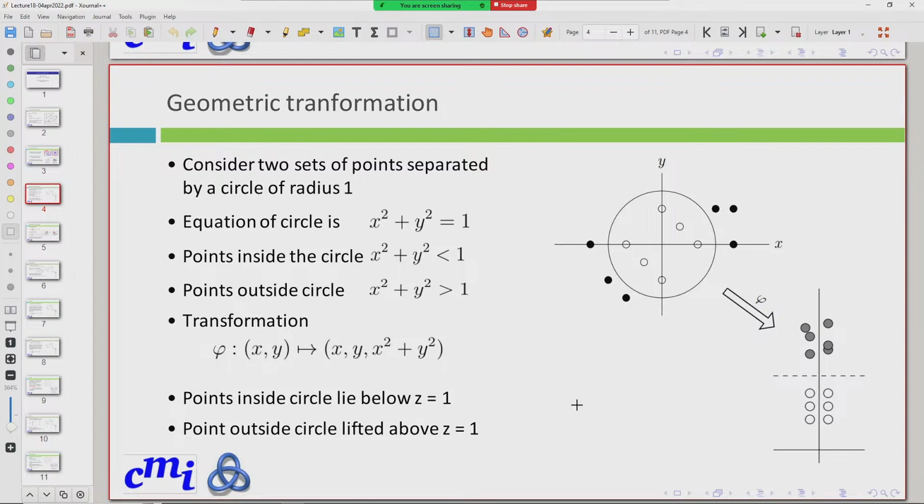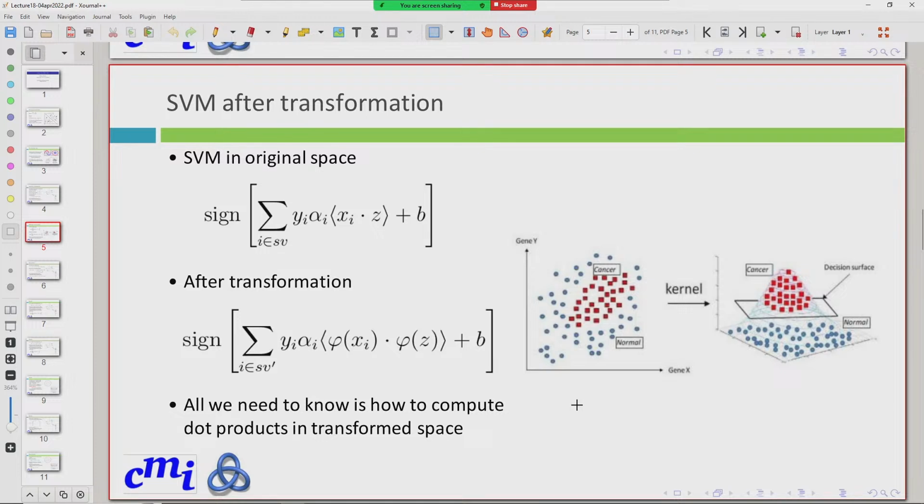If you wanted a fuller picture, it would be something like this. The negatives and positives are in a circle-like fashion, and when you project it to 3D by using x square plus y square, the things become like this, and at this point you can push a linear separator between them.